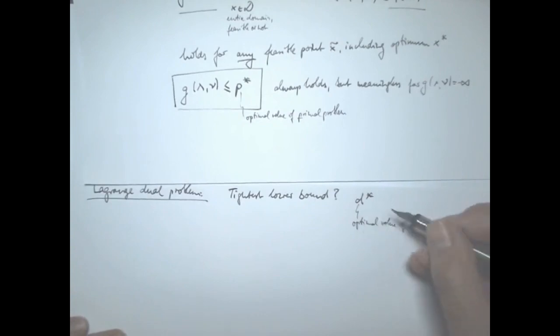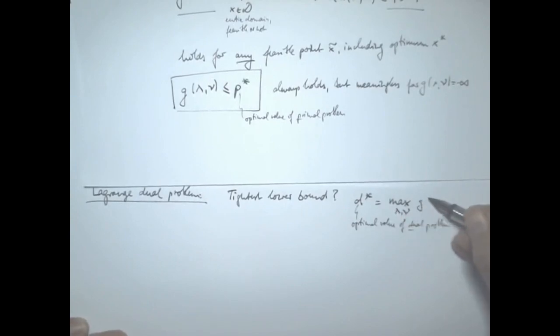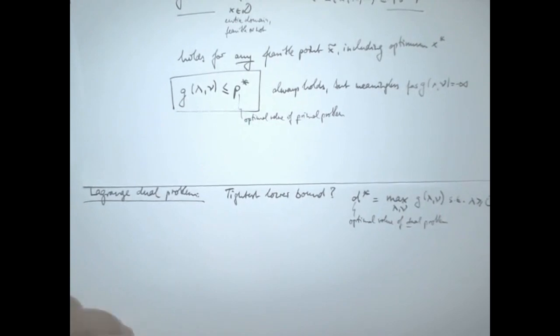And to find it, we need to maximize over these dual variables. Still under the condition of lambda being non-negative, because only then can I guarantee that I do have a lower bound.